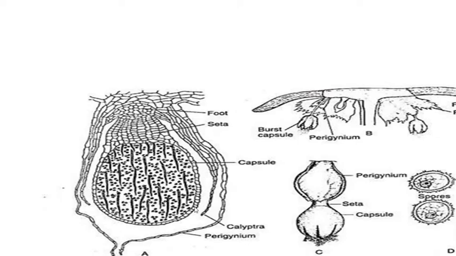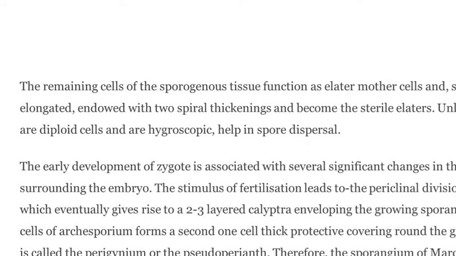The remaining cells act as elater mother cells, so the elaters are formed. The remaining sporogenous tissue functions as elater mother cells and subsequently becomes elongated and endowed with two spiral thickenings and becomes the sterile elaters. The elaters are hygroscopic and help in spore dispersal.